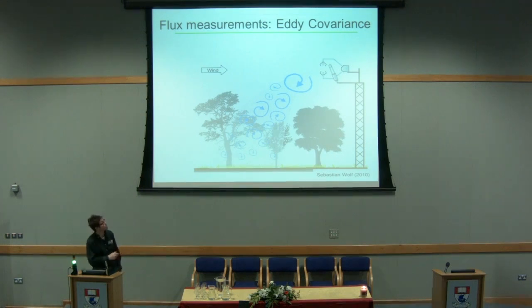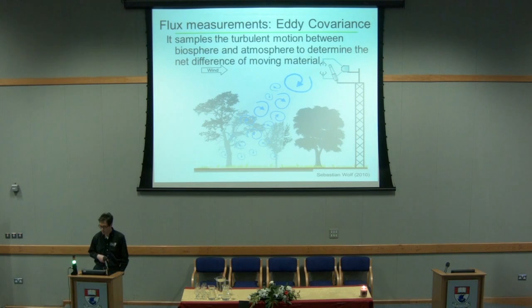And on the right-hand side, we have a gas analyzer that measures the concentration of gases like water vapor, methane, carbon dioxide, or others. This system samples the turbulent motion of air between the biosphere and the atmosphere. We are interested in turbulence because it's responsible for most of the air motion in the vertical direction, for crossing the interface between the biosphere and the atmosphere that we want to focus on.